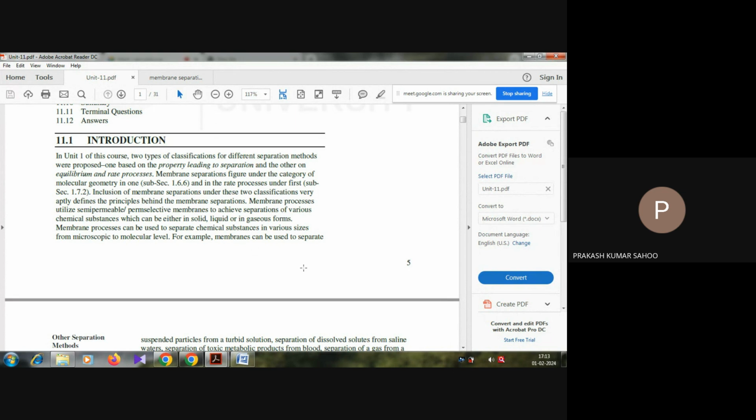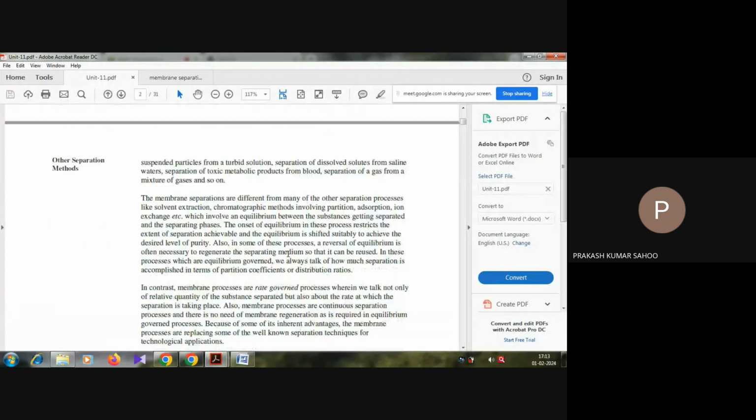This is the characteristic of our semi-permeable membrane. There are also perm-selective membranes, which are readily used for membrane separation.